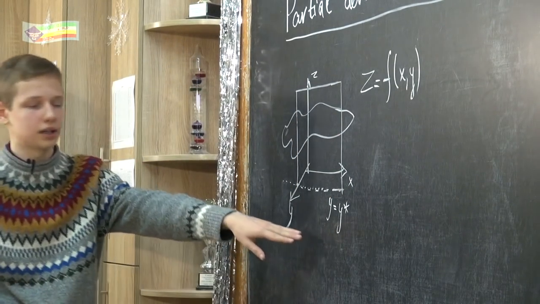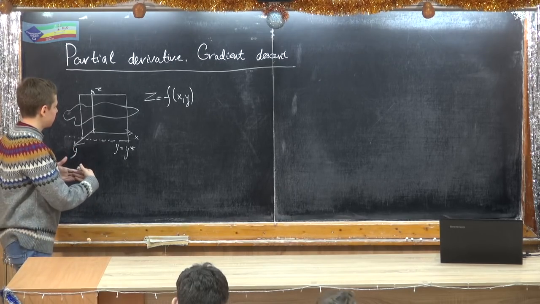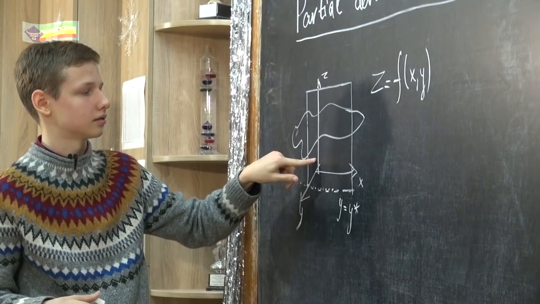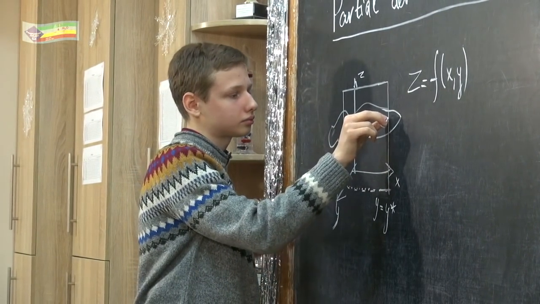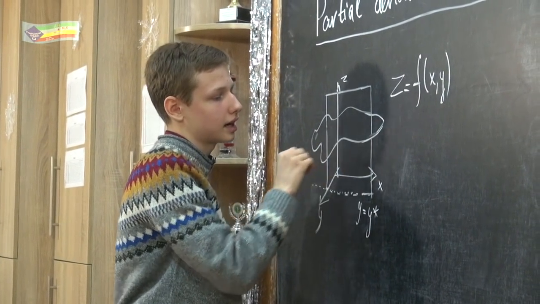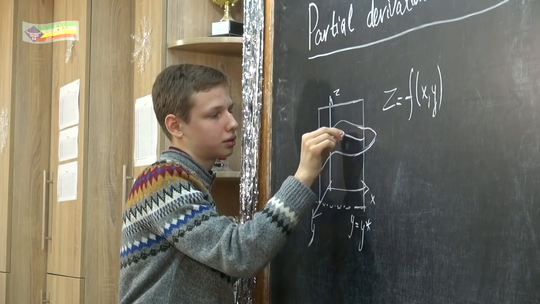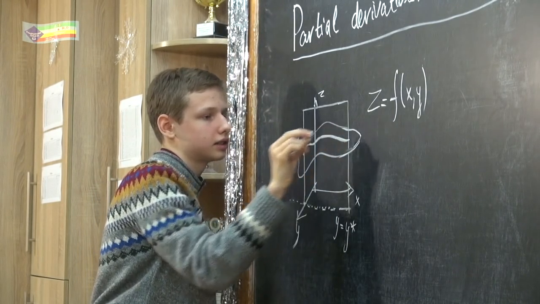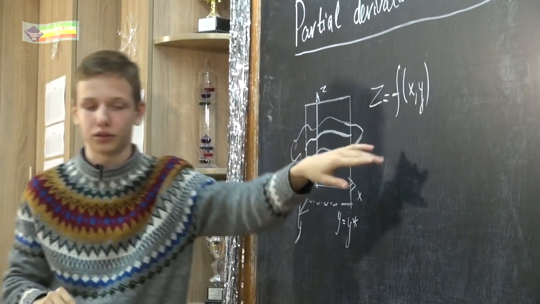Remember that the y coordinate is constant, so this plane is parallel to the x-axis and z-axis. After we've done it, our graph intersects with this plane somewhere, and it creates some line. So this line is the intersection between the plane and the graph of this function.